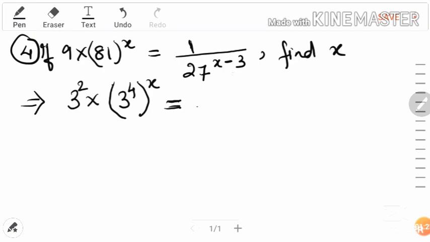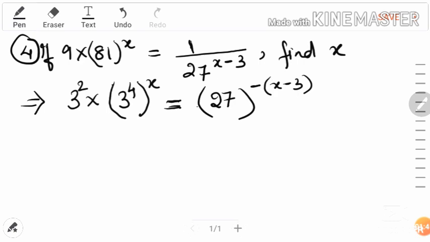So in order to do that, we will change the sign. That means what we are doing is taking the reciprocal of the base number, and when we do that, the sign of the power changes. So the right side will become 27 to the power minus (x minus 3).